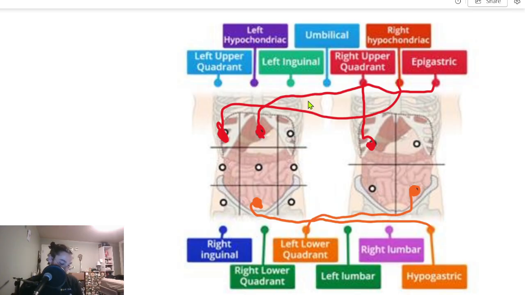Right there. Okay, let's go blue now. Our left upper quadrant. I think you guys are probably getting the hang of this now. Where's your umbilical region? What lives there? It's right there. Okay. Now let's talk about our right inguinal, which is the same thing.